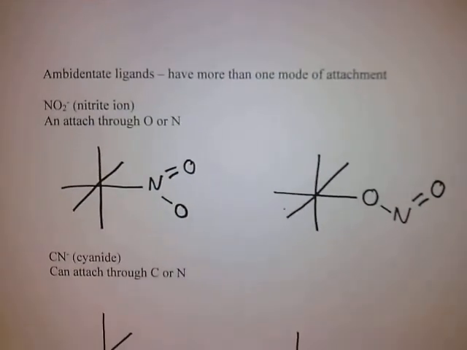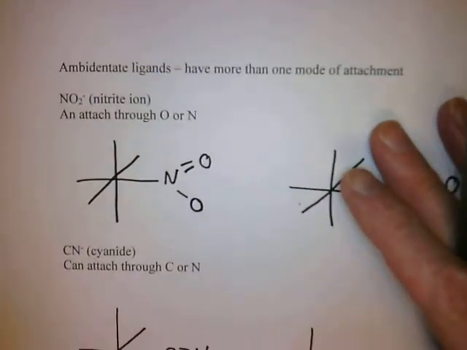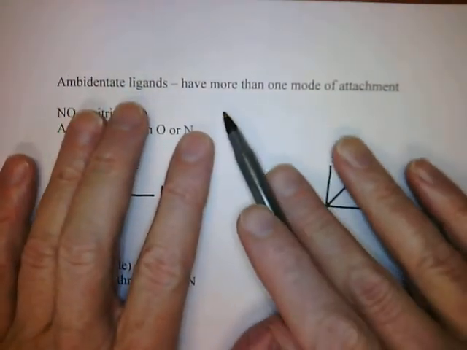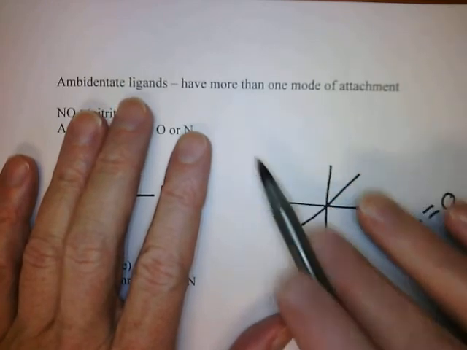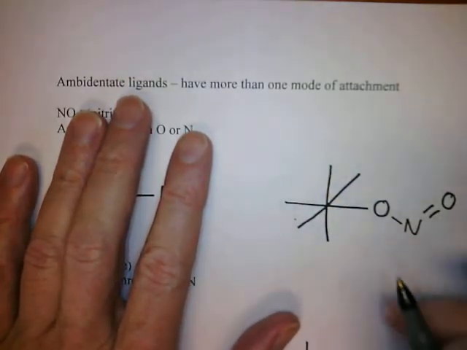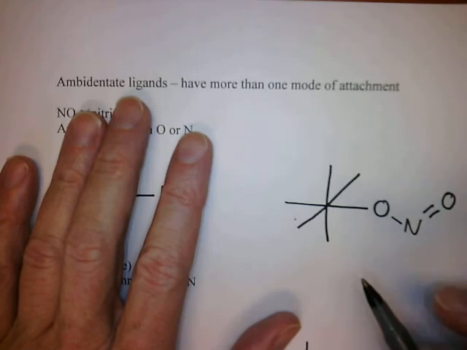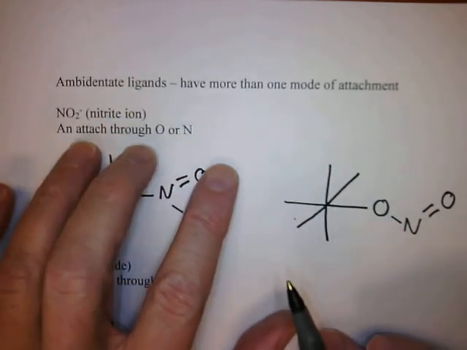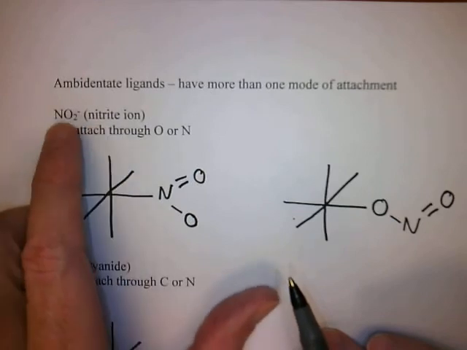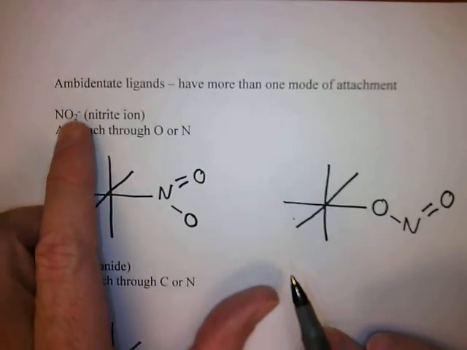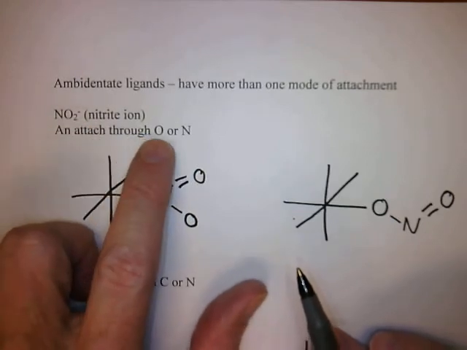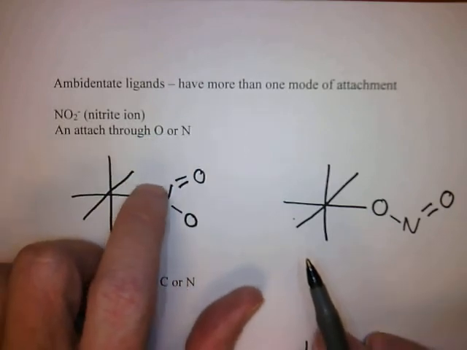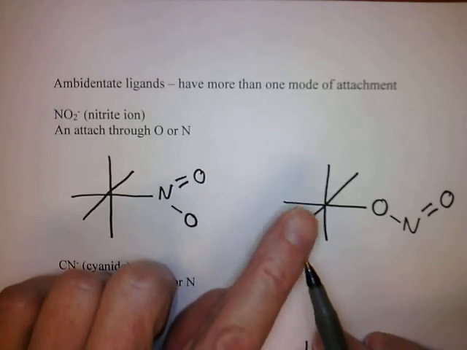So now let's talk about ambidentate ligands. All right. So what are ambidentate ligands? Ambidentate ligands are ligands that have more than one mode of attachment. So for example, nitrite, which I previously used as an example, can actually attach through the O or through the N. There were unshared pairs on both a nitrogen and an oxygen.